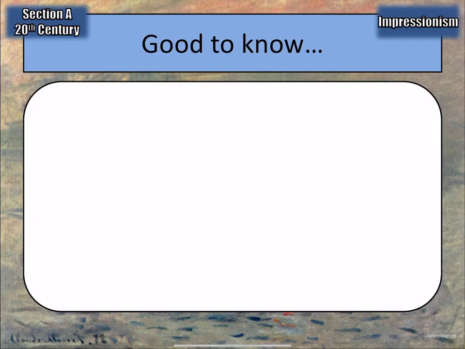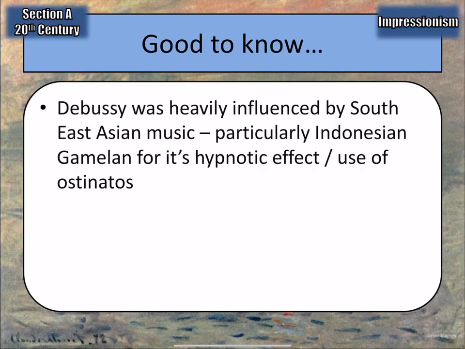Another thing that's good to know is that Debussy was actually heavily influenced by music from other cultures, which, if you think about it, in the late 19th century, early 20th century, is quite radical. Debussy had the opportunity to hear music from other cultures at a famous fair of visiting and travelling music.